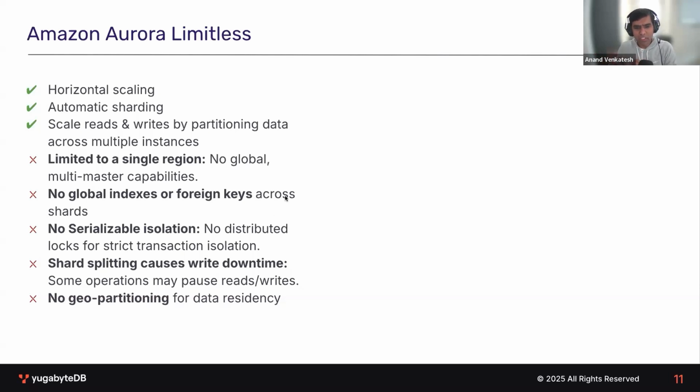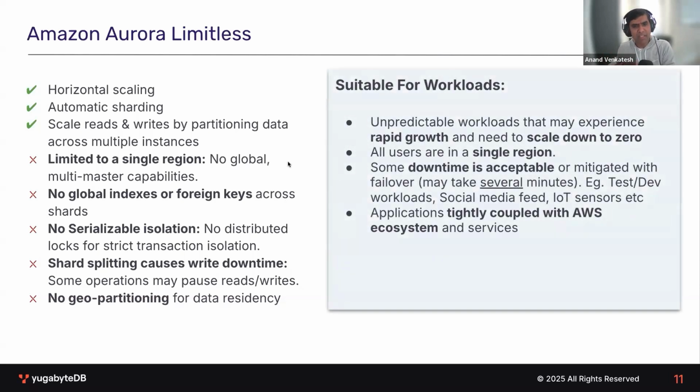It doesn't support geo-partitioning. Again, use cases like data residency applications are expected to have that logic built at the application layer. In a nutshell, this provides sharding and horizontal scaling of reads and writes over RDS and Serverless V2 services, but with the limitation of lower PG compatibility and lack of geo-partitioning feature.